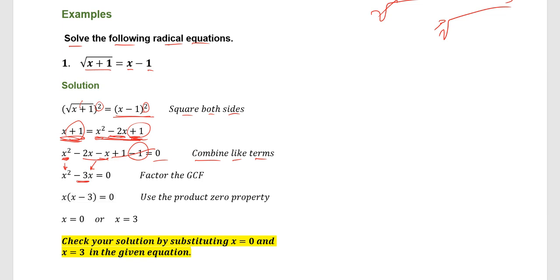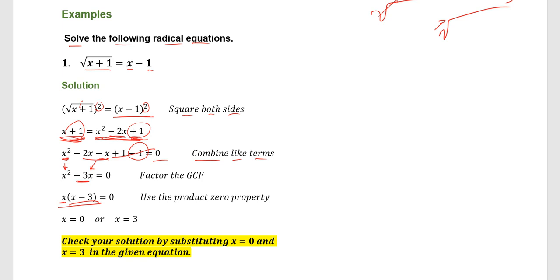Okay. In this case, factor the greatest common factor, which is x. So we have x times x minus 3 equals 0. Here we can use the zero product property. So x equals 0 and x minus 3 equals 0. Both conditions are true.